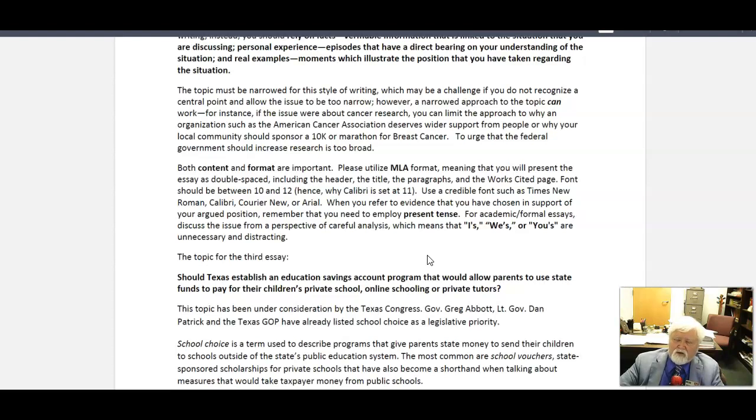Do not try to include the reader as part of your argument. You are to look at the topic in an objective manner, analyze that one from the position of a reasonable discussion, and do not try to tell the reader what to do. Do not use imperative forms, whether you have the implied you as the subject, and do not use you in the essay, saying you will see this, or you will understand, or you can recognize, or as you know.